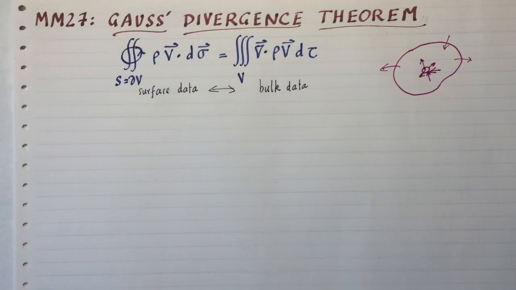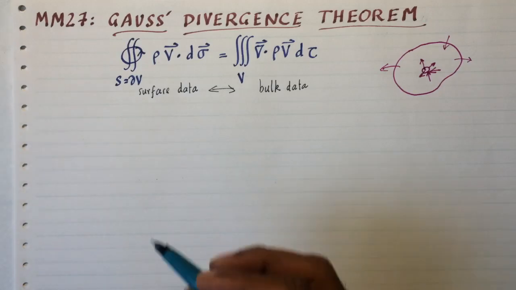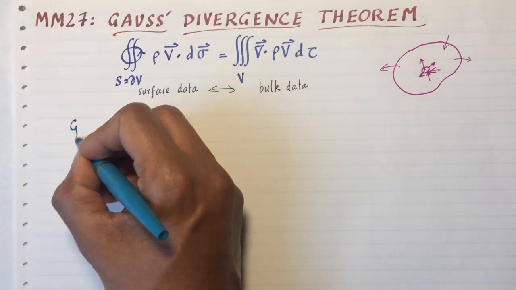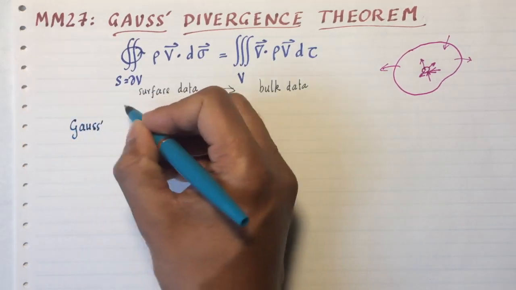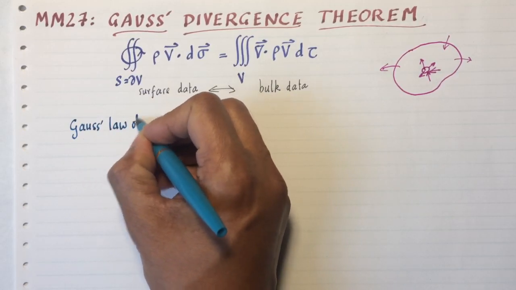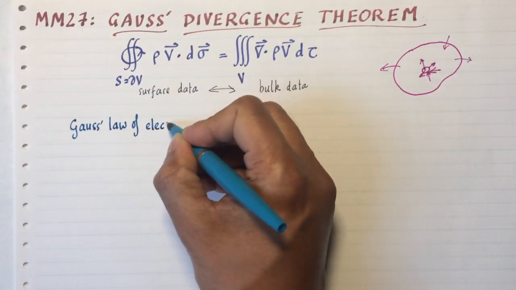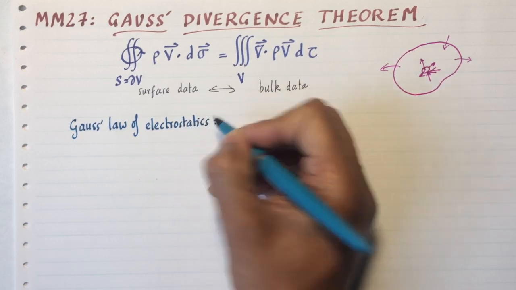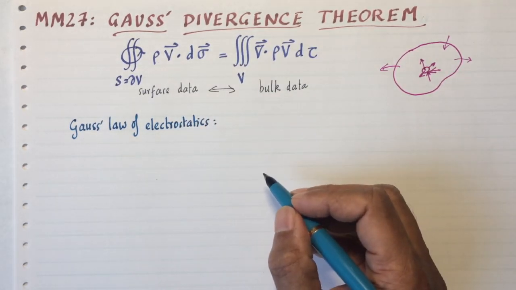I would like to start with an example that's very familiar from physics, and that is Gauss's law of electricity, or electrostatics to be more precise. If you've ever taken a beginning course in university physics, you'll know that this is a big deal there.